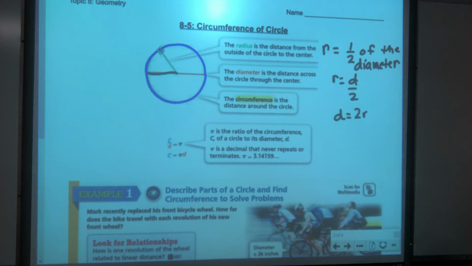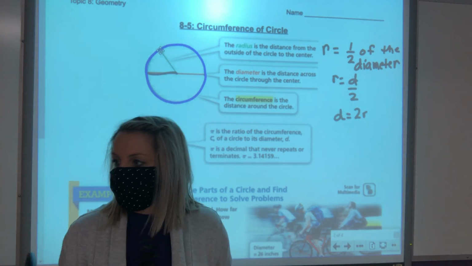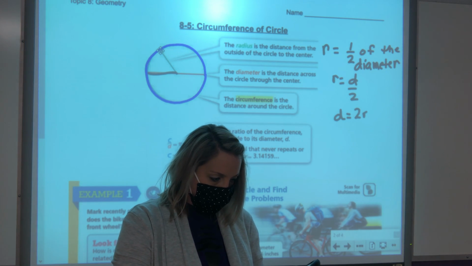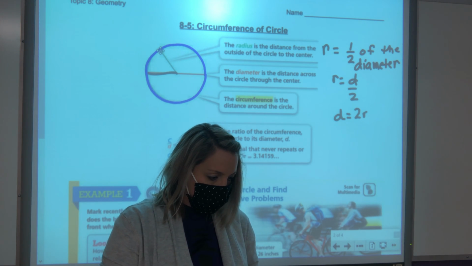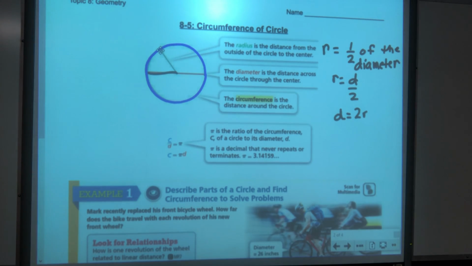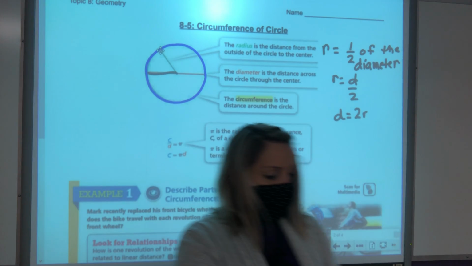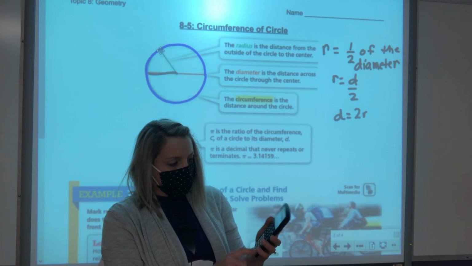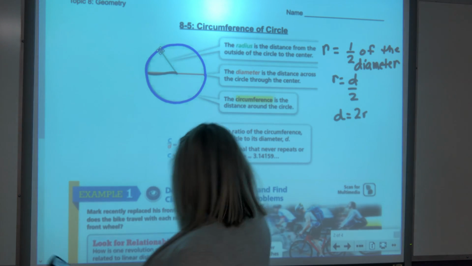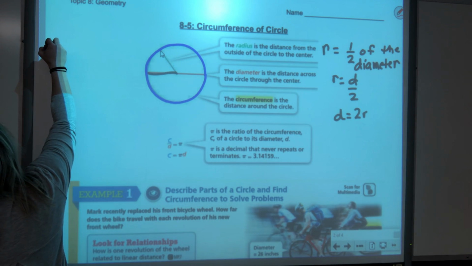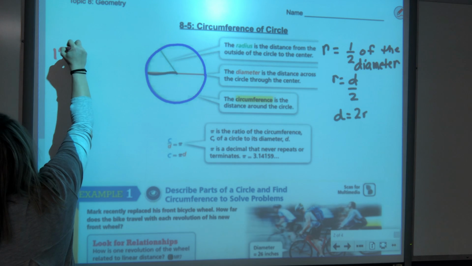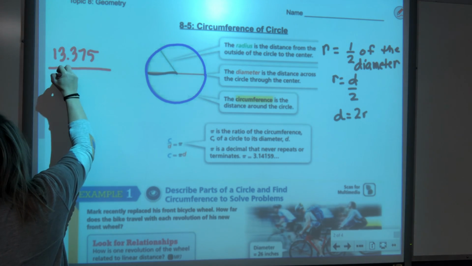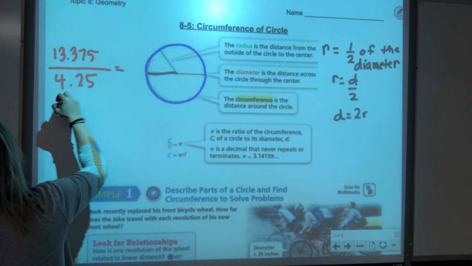So if I take those values and I divide them, let's see, what is 3/8? 0.375. And then that's 4.25. Okay, so if I go 13.375 divided by 4.25, I get this number. So I took 13 375/1000 and divided by 4 25/100, and I got this number.